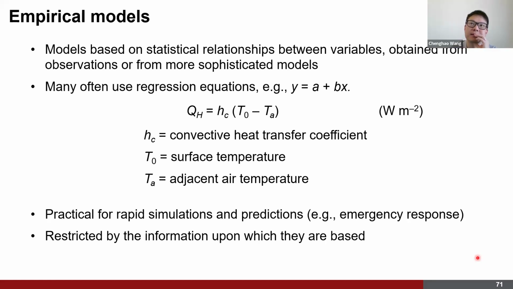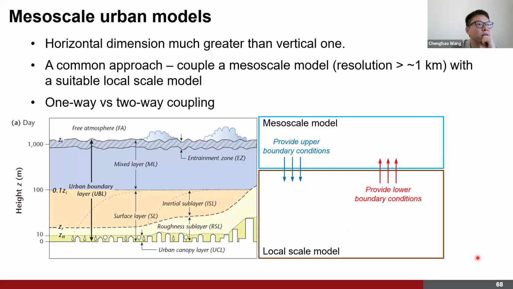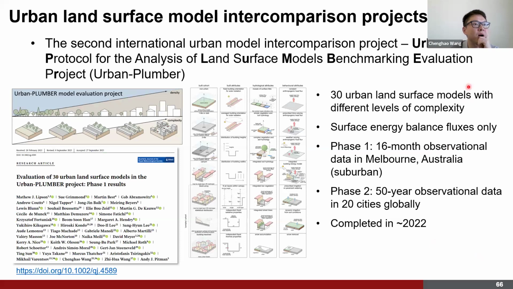That's a great question. Among the 30 models we have in this project, I would say about half of them are open source, and a quarter are semi-open source. If you ask the leading scientists, they will kindly provide you the code.